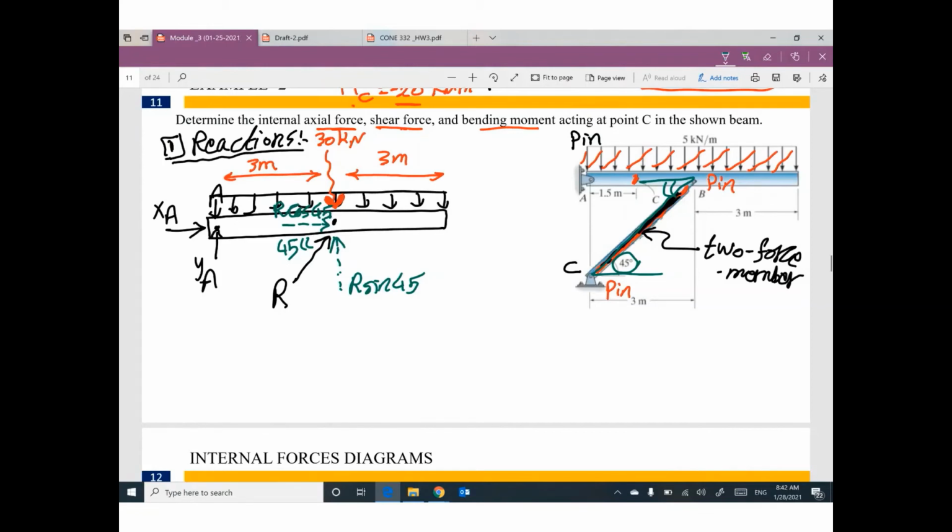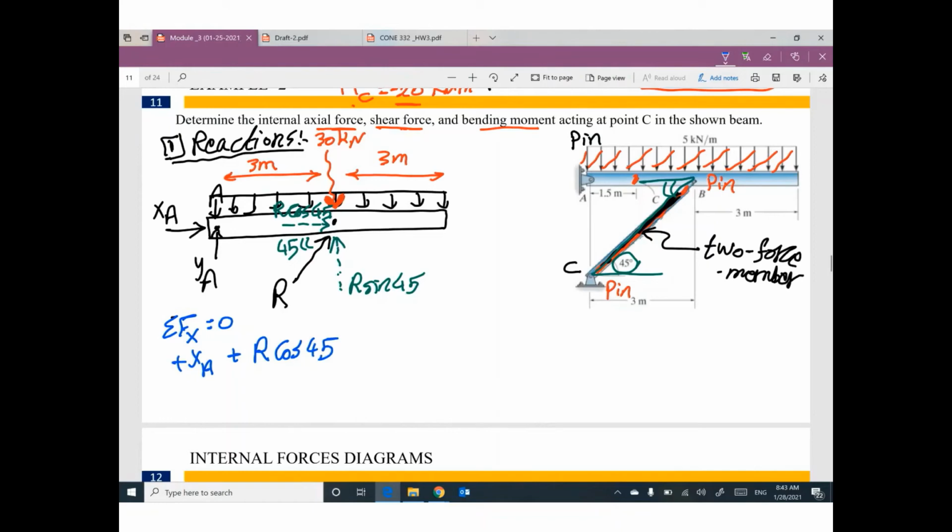Go ahead and apply the equilibrium equations to figure out these reactions. Okay, summation of forces in x direction equals 0. What do you have in x? We have positive XA, we have positive R cosine 45 degree.